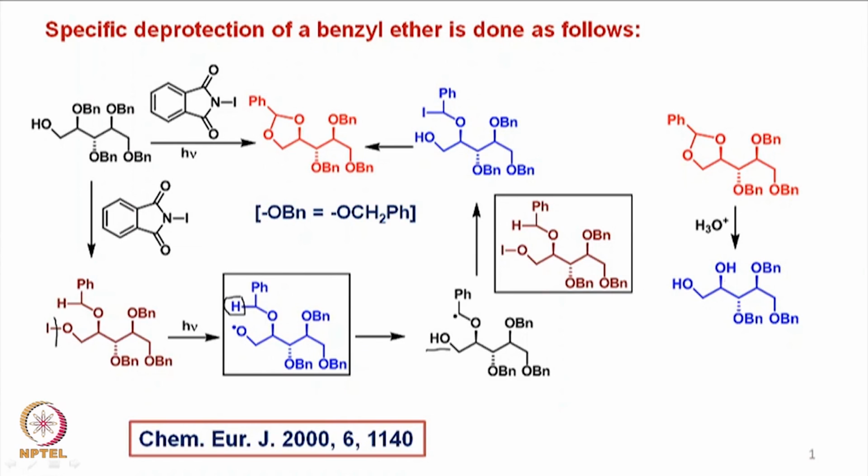So it means that we started with a monohydroxy compound having 4 types of benzyloxy ethers, and eventually we get a diol with 3 benzyloxy groups intact. So this is how a specific deprotection of a benzyl ether is done under these conditions using hypoiodite based chemistry under photolytic conditions.